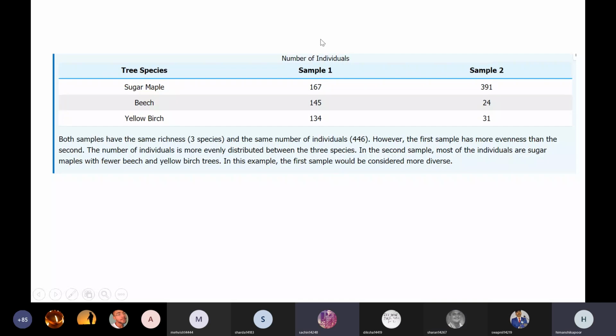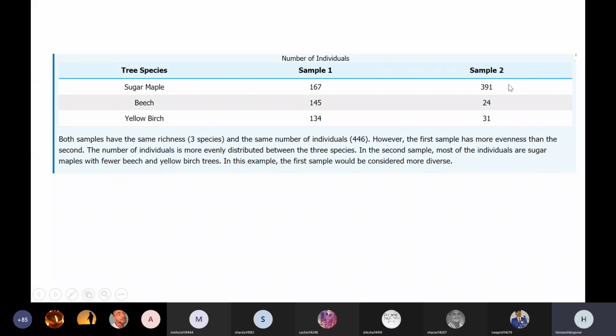Sample 1, because here the species are evenly distributed. If they are equally distributed, that means flourishment of each of these species.